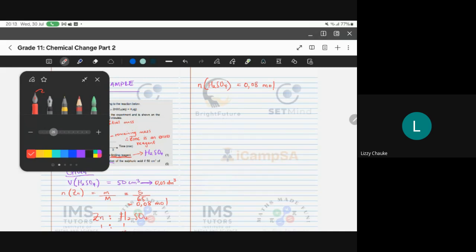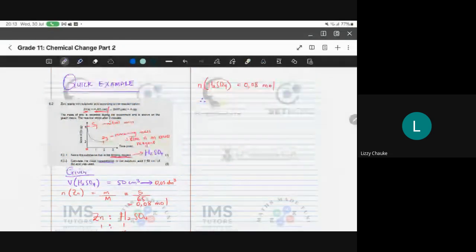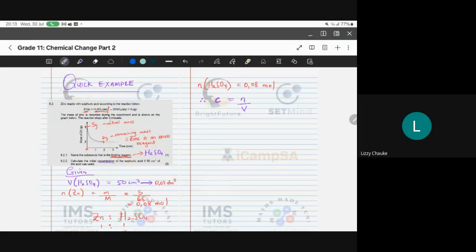Now we can find our concentration. Therefore, this is equal to n over V.